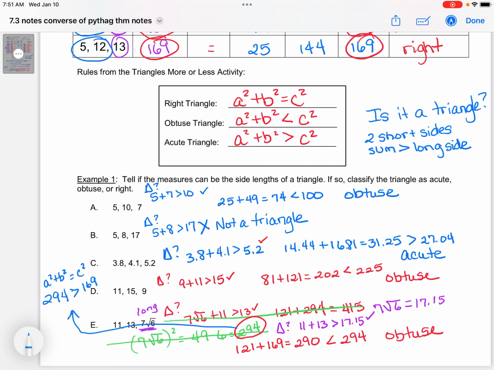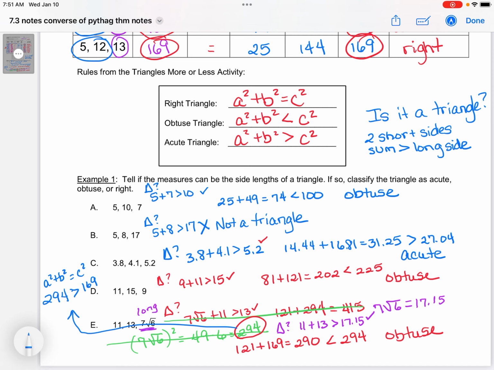That's really hugely a lot different. Which doesn't mean it's not, but I just thought, okay, that's weird and that doesn't look like one of the problems we've worked. So that's when I realized that I needed to check and see how long 7 times the square root of 6 was.